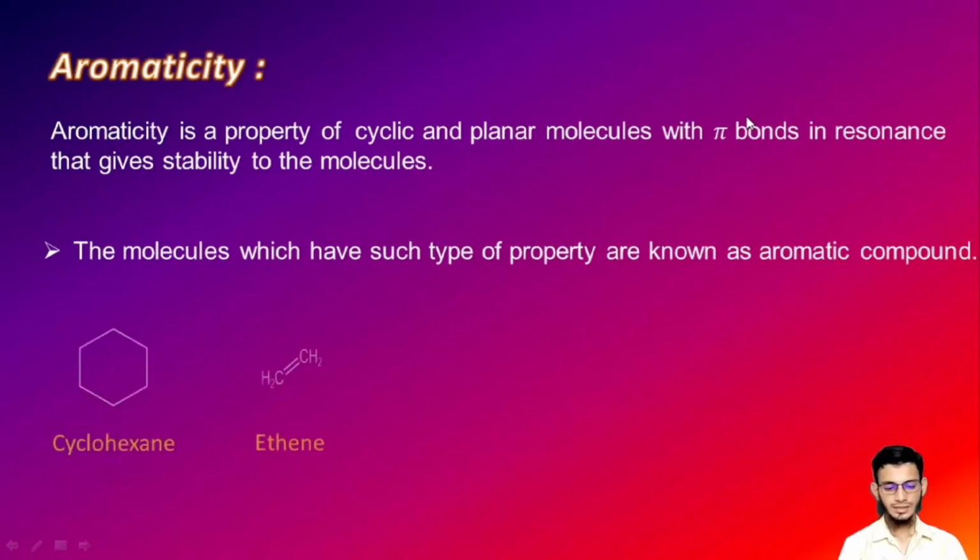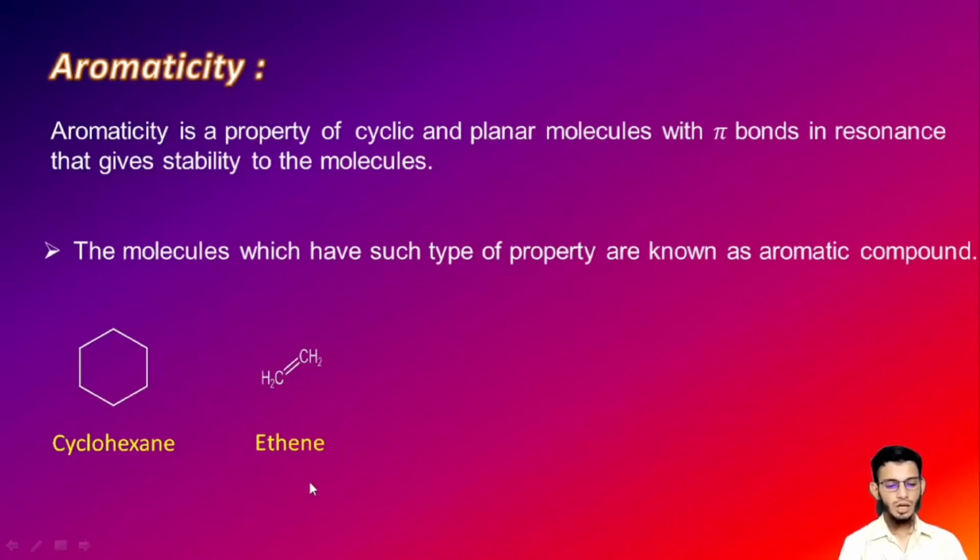So let's take an example. First of all, cyclohexane, which is cyclic but not planar, no pi bonds, so it is not aromatic. And here you can see that it is not flat, okay, because all the carbons have sp3 hybridization.